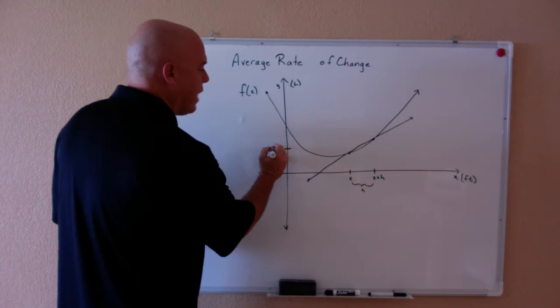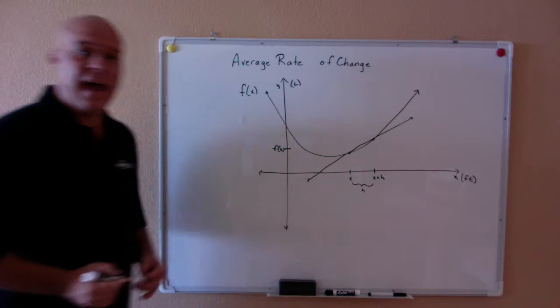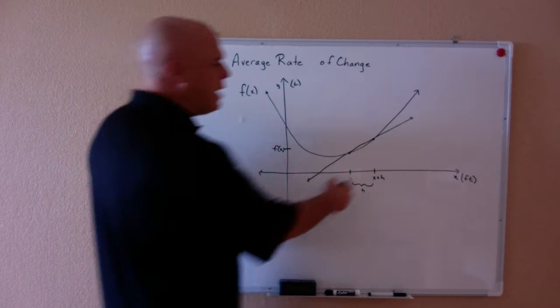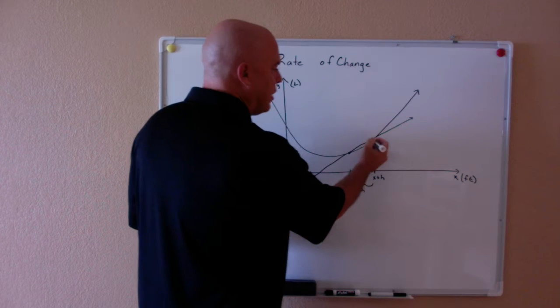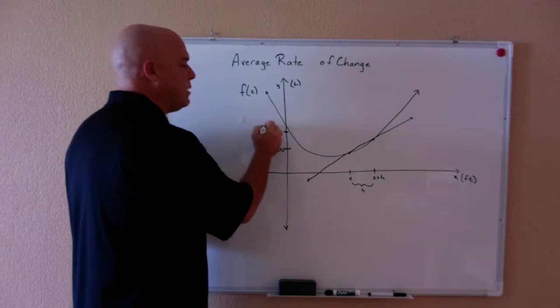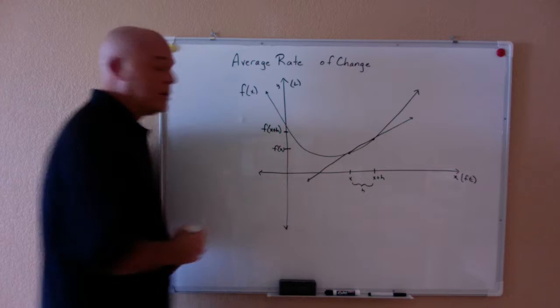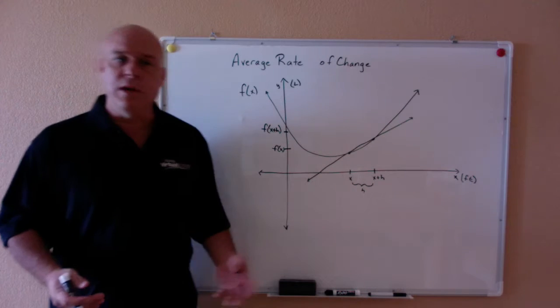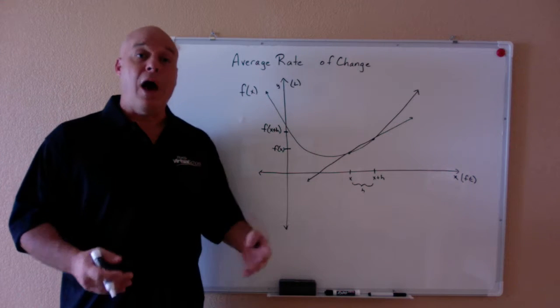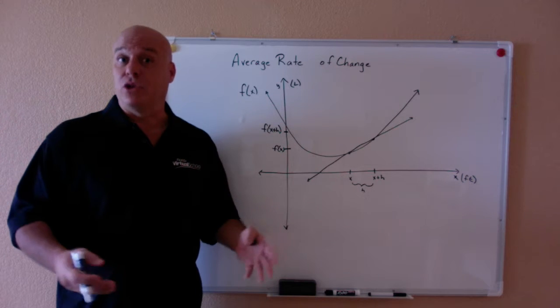So we'll call that point f evaluated at x. And for this other point, moving that across and marking it on the y-axis, that's going to be the function evaluated at the point x plus h. What we want to find out here is how much the y variable is changing with respect to the x variable.